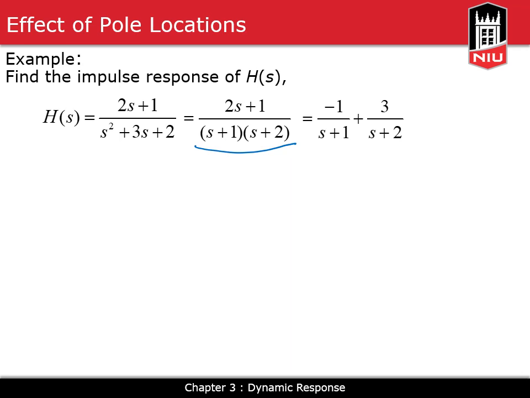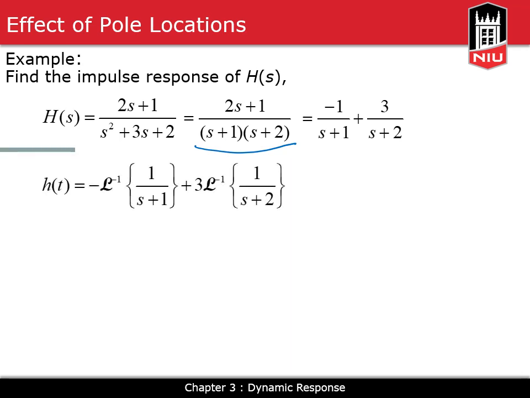If we want to look at h of t, the inverse Laplace transform of this function, we should do a partial fraction expansion. If we apply partial fraction expansion, we get -1 over s plus 1 plus 3 over s plus 2.